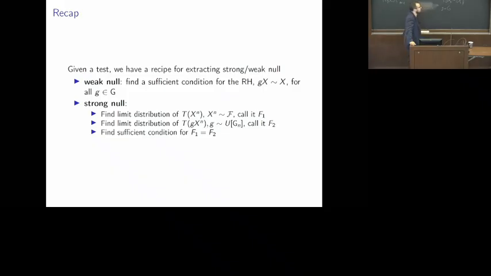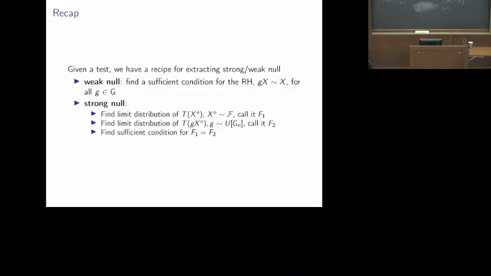So this weak null, strong null, the weak null is very clear. It's whatever in your application is sufficient or even better equivalent to the randomization hypothesis. For the strong null, we had a recipe to find it. You find the standard limiting distribution of your test statistic with no permutations whatsoever involved. That's this guy. And you find the limit distribution of the permuted test statistic.